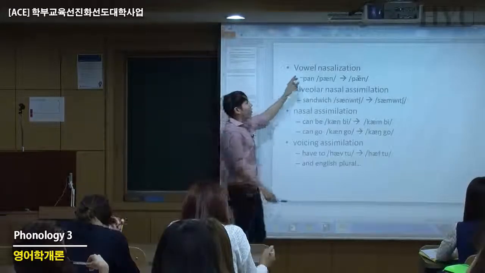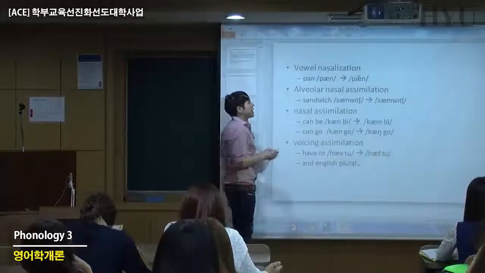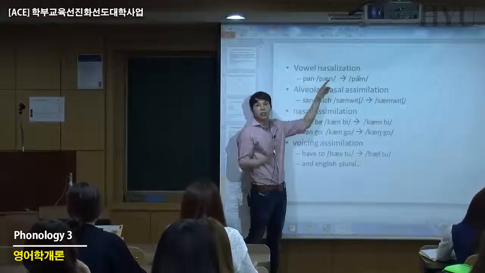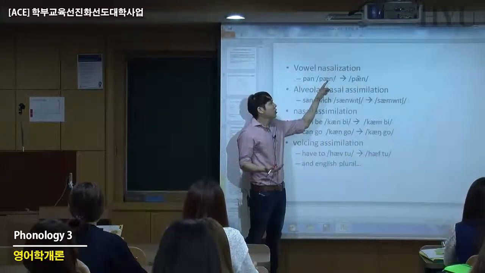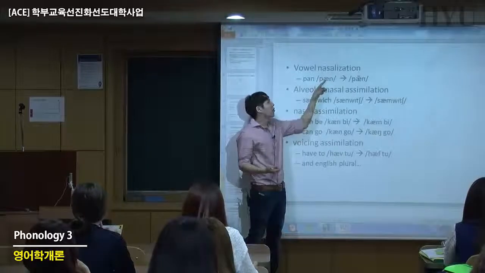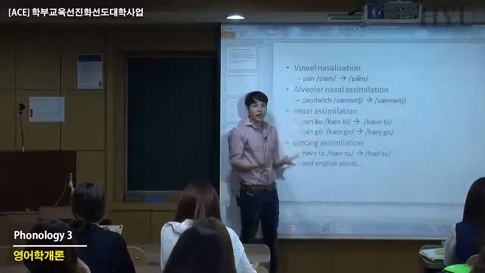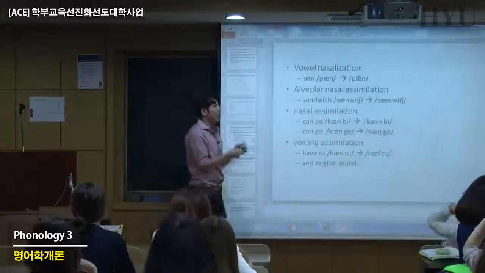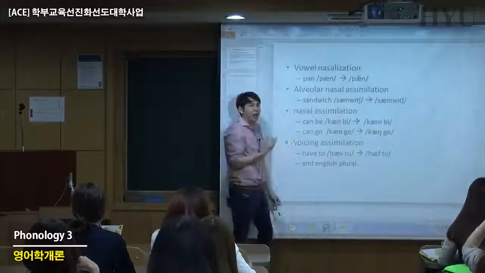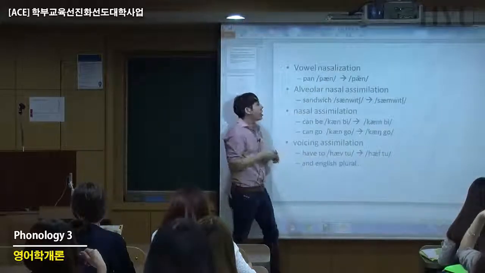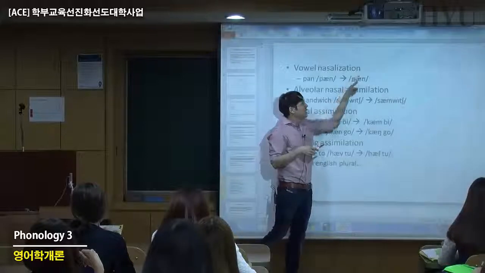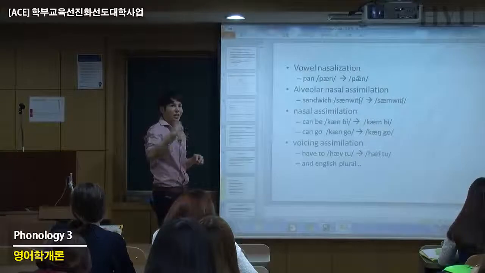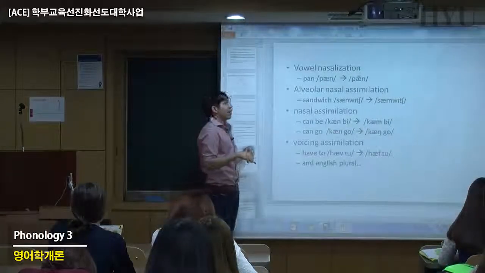For example, vowel nasalization. When you pronounce the word pen, the N, which is a nasal sound, comes last. So it is not possible for the vowel to be nasalized at that point. But because we anticipate that we pronounce the N sound at the end, we nasalize the vowel in advance, before we even pronounce the N sound. So we say pen, like that.